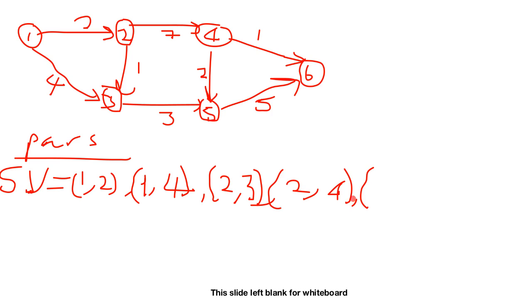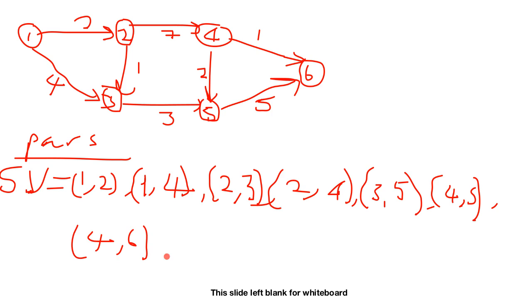The next is 3, 5. The next selected is 4, 5. The next is 4, 6.